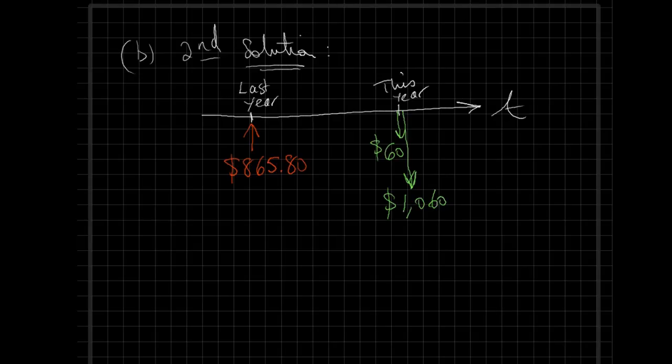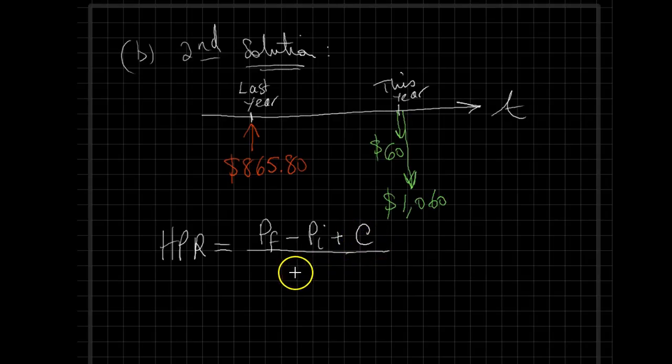So no wonder it's possible to solve the problem simply using the holding period return formula. And in that case, that would be the final price minus the initial price, plus any additional income, in that case the coupon payment during the final year, all divided by the initial investment.